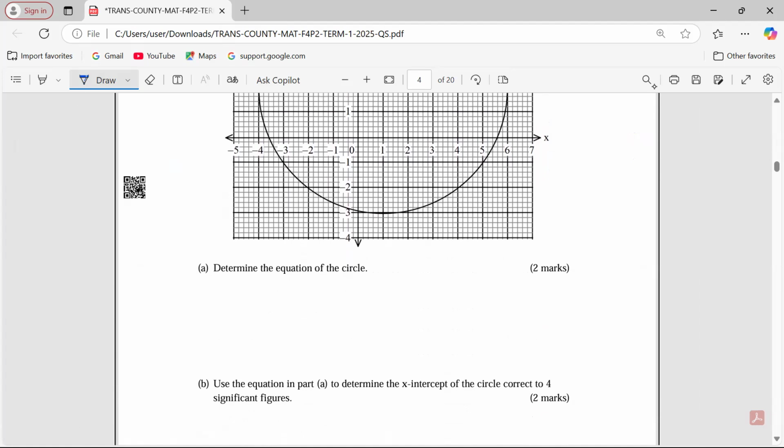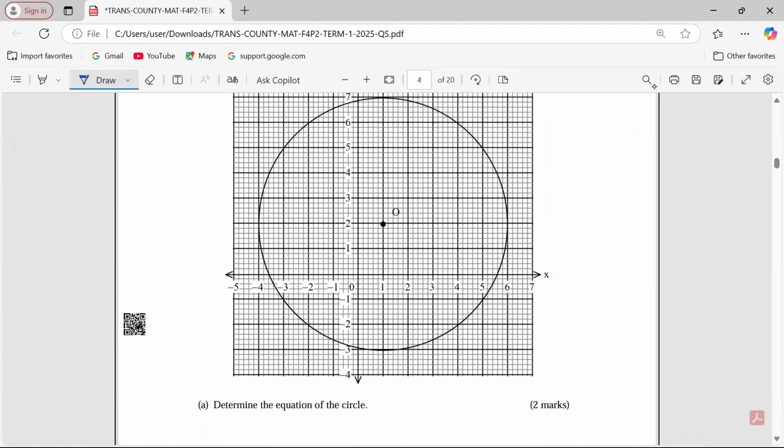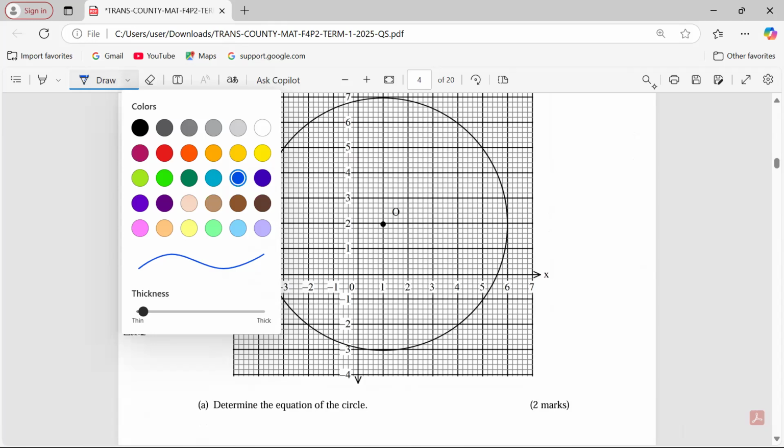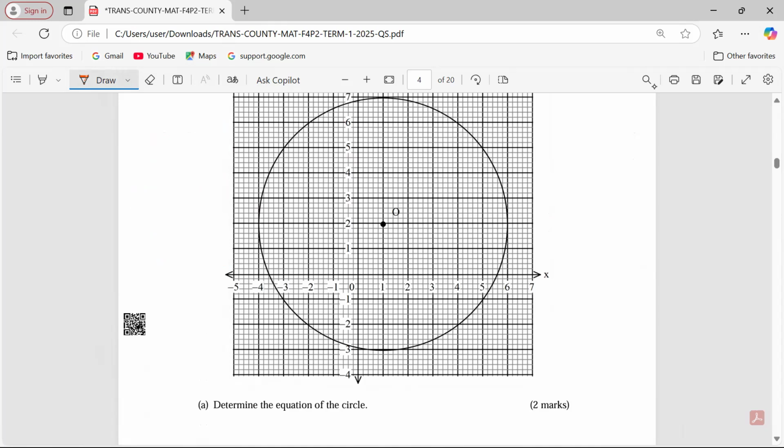So the center will have some coordinates, and according to the grid plotted here, this center has coordinates 1, 2, because from the origin, on the X side, we are having 1, and on the Y side, we are having 2. So that is coordinate 1, 2.